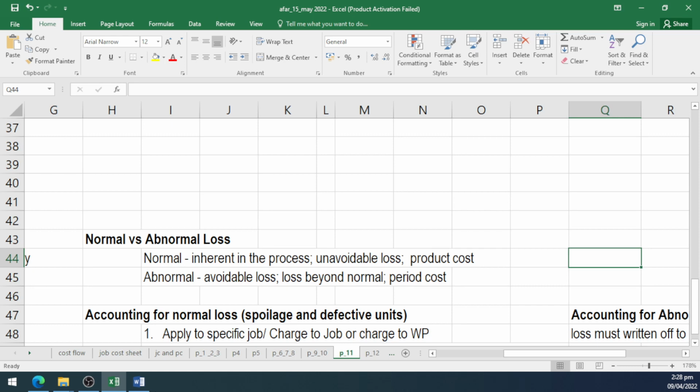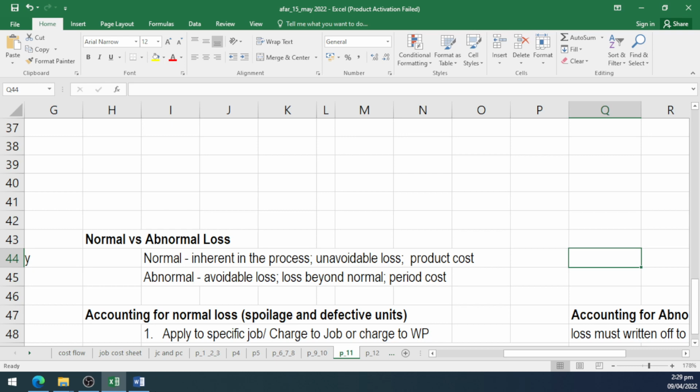Product cost yan, yung normal. Pag abnormal, these are losses beyond normal. Avoidable loss. And these are not chargeable to product. These are period costs and will be written off as a loss in the period incurred. So, normal product, abnormal period cost.